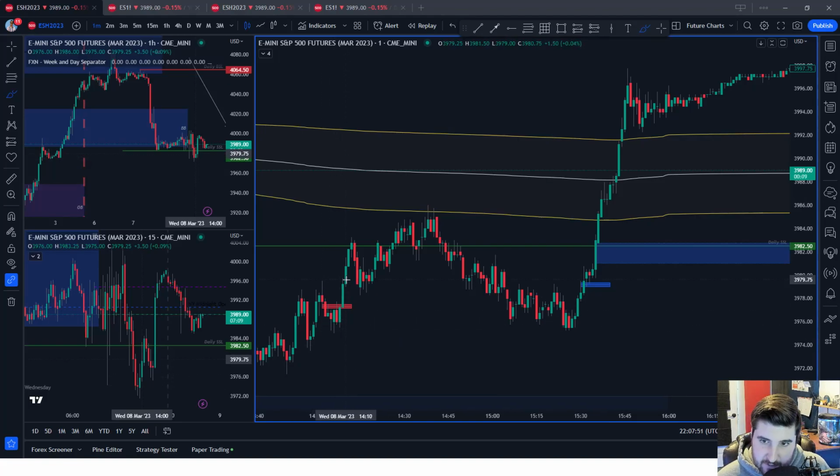Then we have that big candle, kept going a little bit. And as price stops getting those big pushes, we start going back the other way, but same thing. It's just chopping back and forth. It is going down, but it's chopping. And then boom, got that big candle and we started pushing up until price started dying out and chopping.